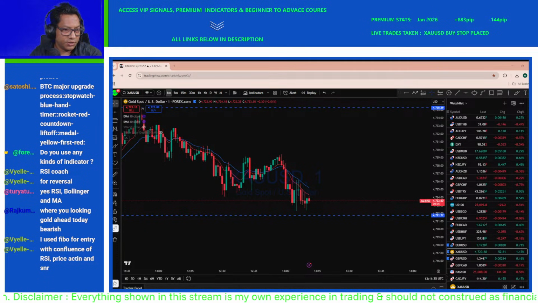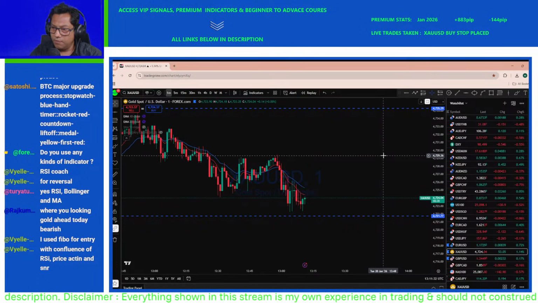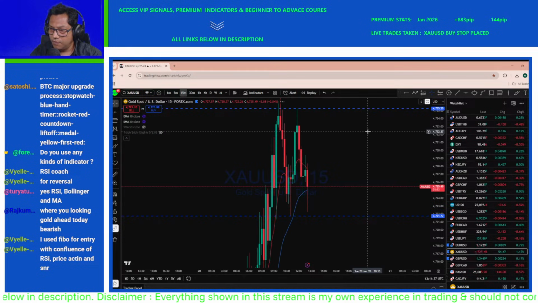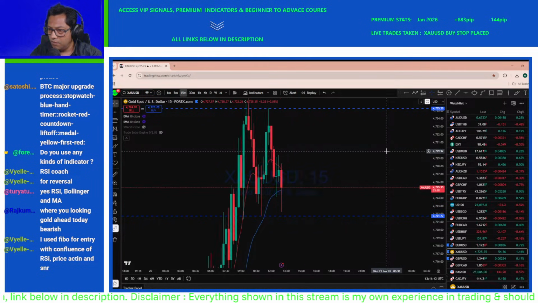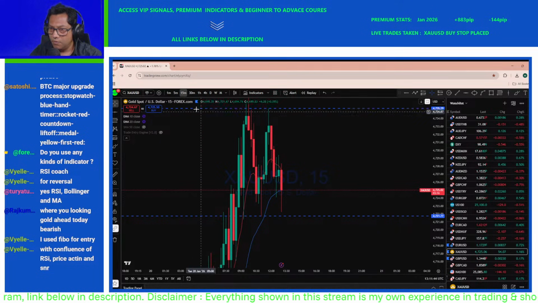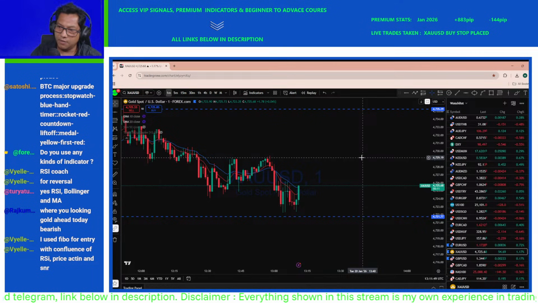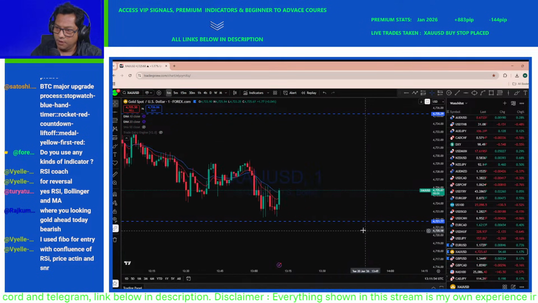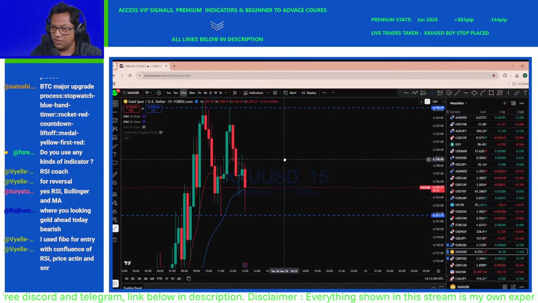You guys ready for an entry? Okay, it's potentially creating a double bottom here, and this is the first candle of this session.